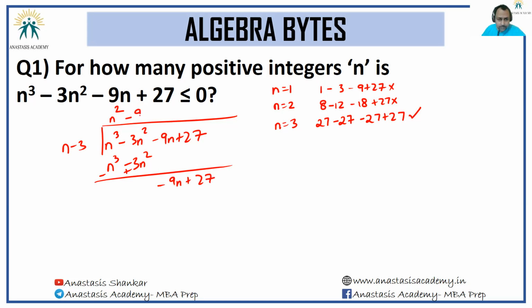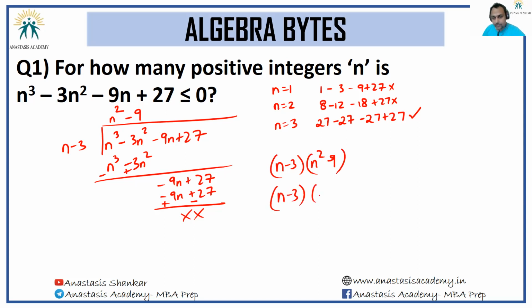Follow it up with minus 9. So minus 9n plus 27. This becomes plus, this becomes minus, everything off. So the expression that we're dealing with is n minus 3 and n square minus 9, which can further break down as n minus 3, n minus 3 and n plus 3.